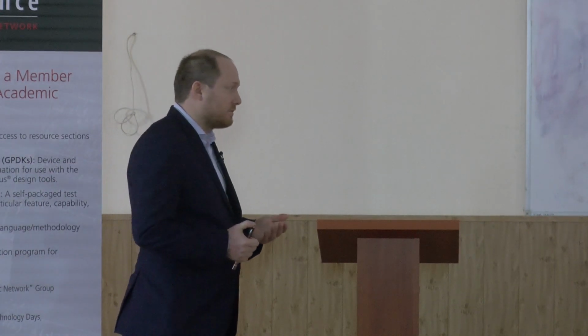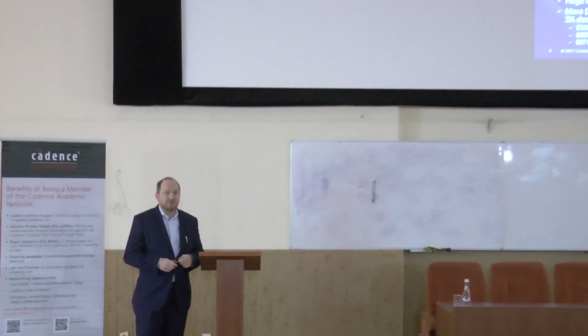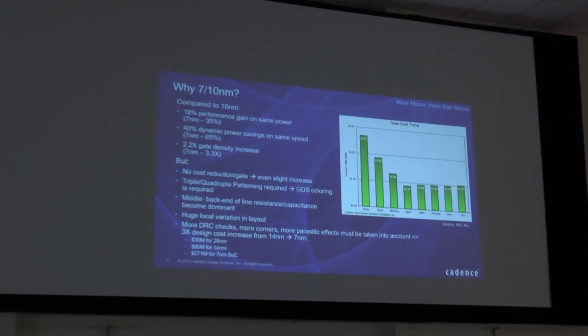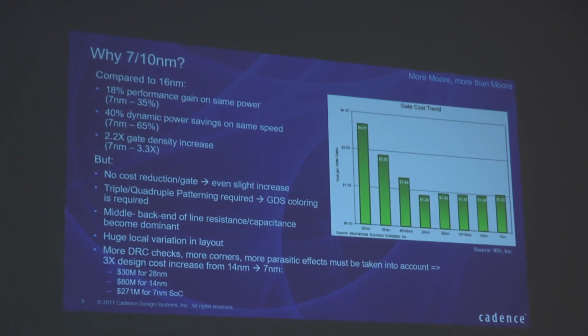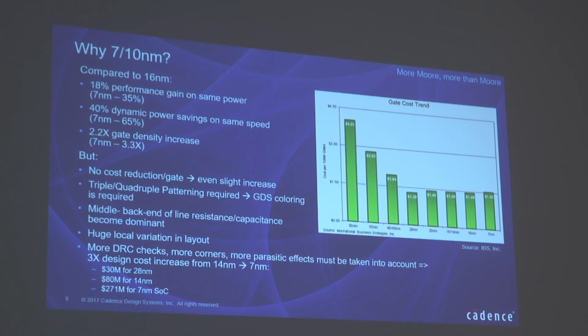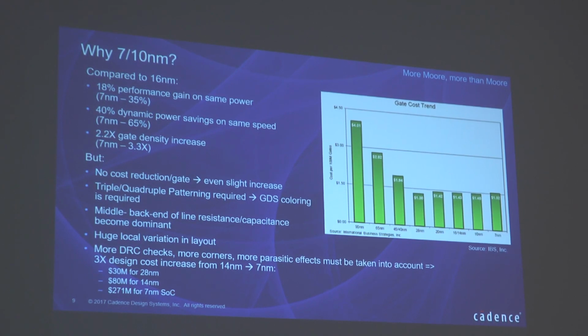So now you might ask, if the cost is not decreasing, why is it still necessary to go further down the geometries? If you look at the gate cost trend, here you see on the y-axis the cost for a certain amount of transistors in dollars. For a certain geometry, you see that for 90 nanometers, 65, 45, and 20 nanometers, the cost decrease was there.